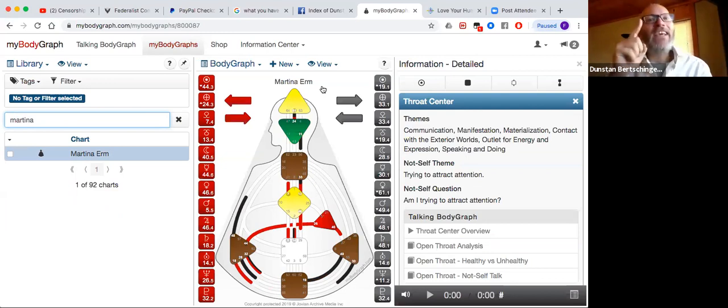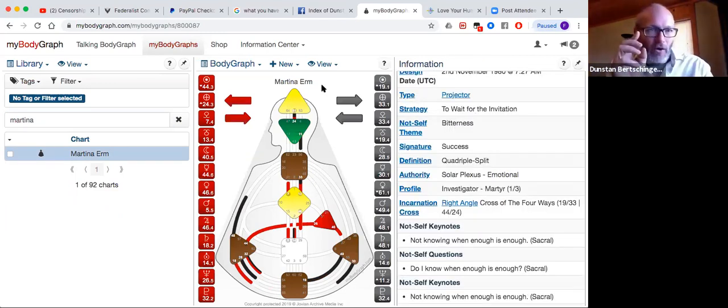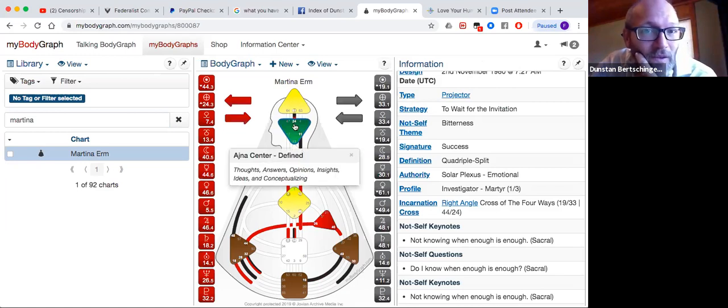Think about it: a hanging gate can have energy, but there's nowhere for it to flow because there's no channel. There's no bridge between the centers until you come into connection with someone else or the current transit. So for you, this gate 24, the energy can flow at least up into your head center and back into the ajna.